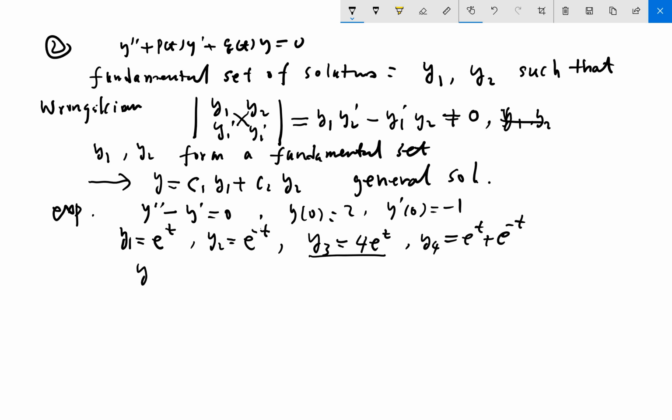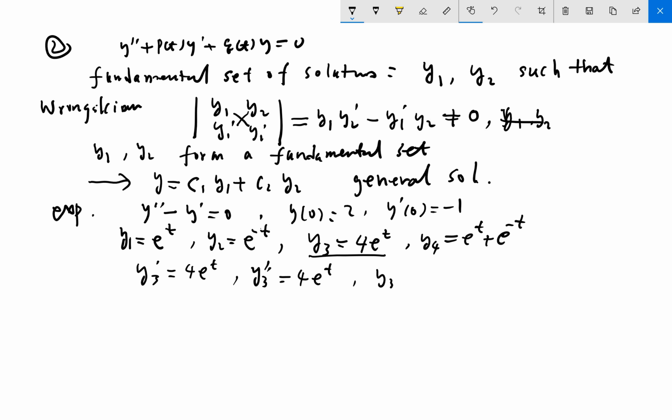What do you need to do? Put it back in the equation. Before doing that, we need to find a derivative. Take the derivative of y3. E to the t, when you take the derivative, equals itself. Take the derivative again, still gives you this.